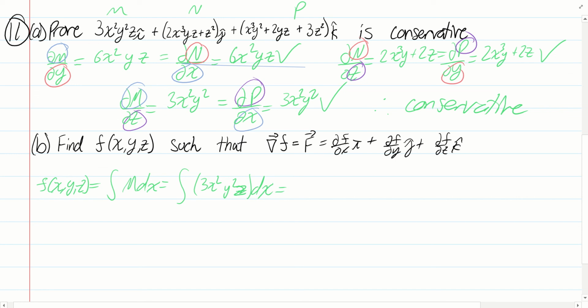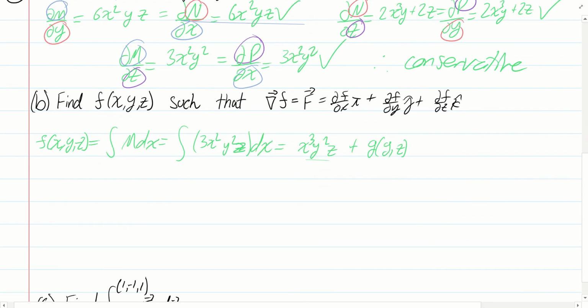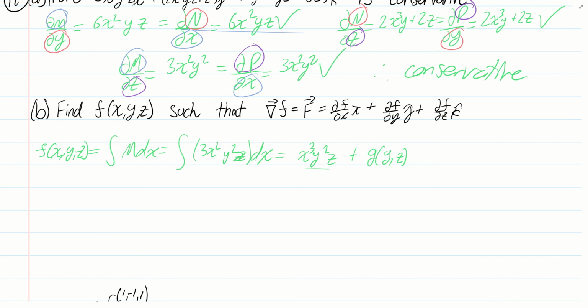So when I solve for that, I want to get x cubed y squared z, and then I might be missing a function, I'm going to call it g, of y and z. So this is like my constant here. Now I have everything that has my x's in it. This is the only term with x's in it. So now I need to figure out my other terms that might have y and z in it, or just a constant.